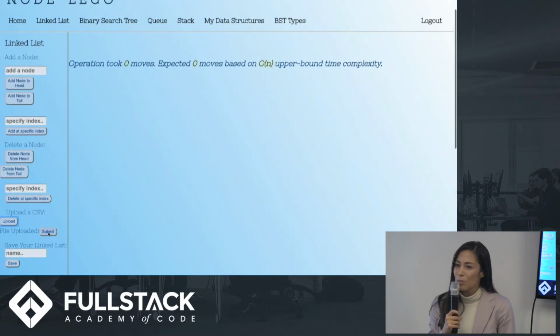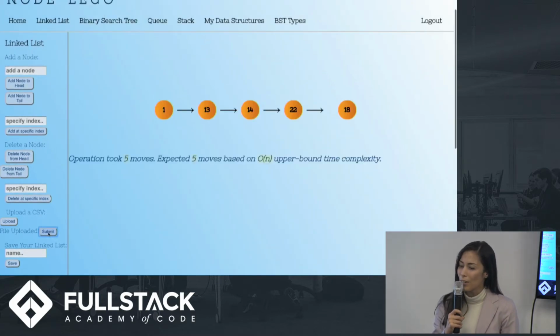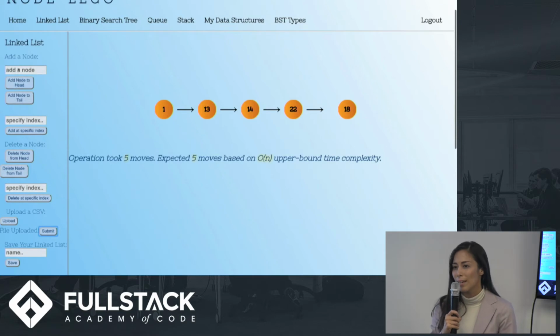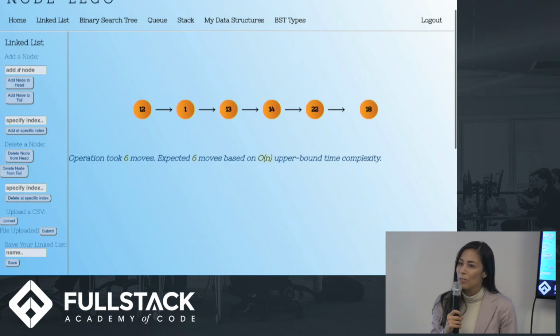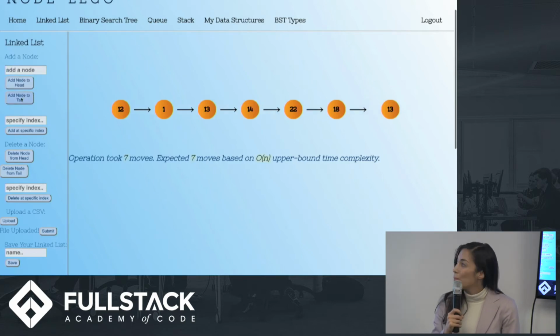We do this using React File Reader. Finally, another feature of our project is that the time complexity of adding and removing nodes is displayed with each operation, thus keeping users aware of the cost of their operations. And now Karina will talk to you about our binary search tree features.